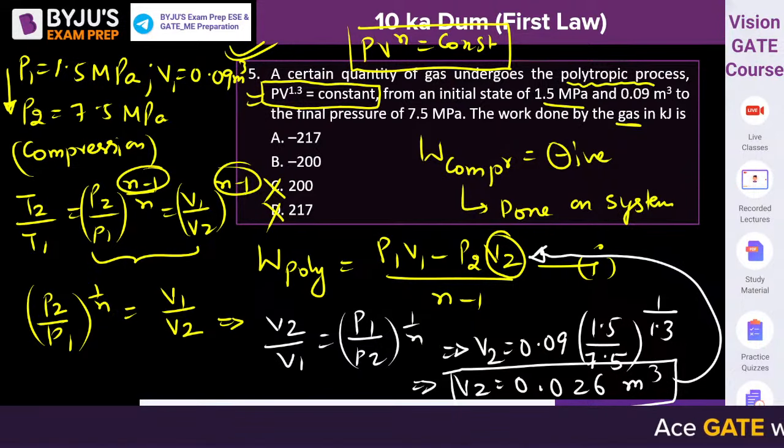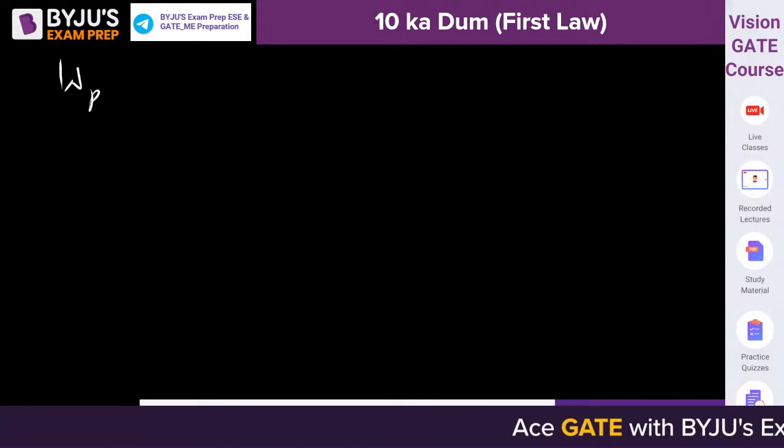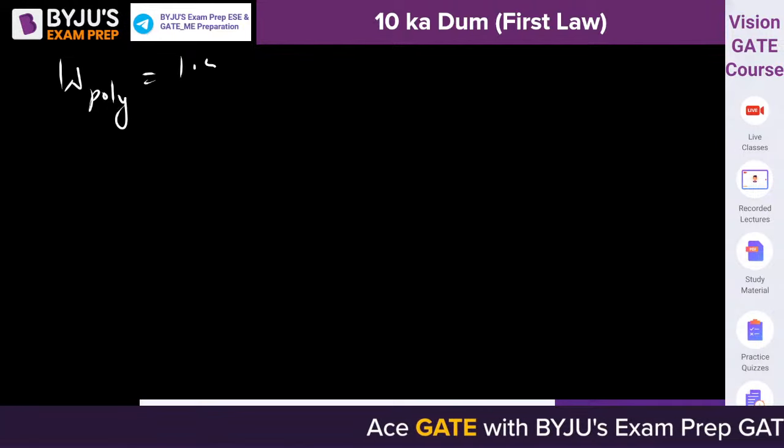Put the value of V2, then work for a polytropic process is given by P1, that is 1.5.